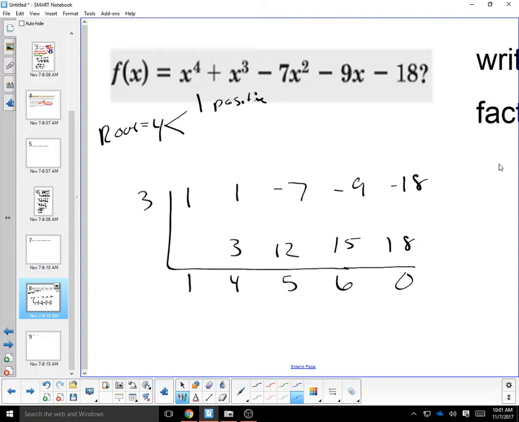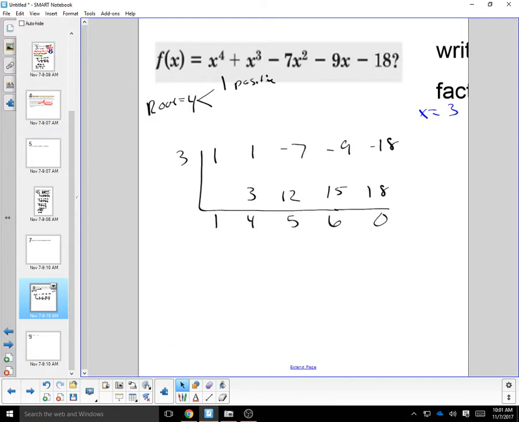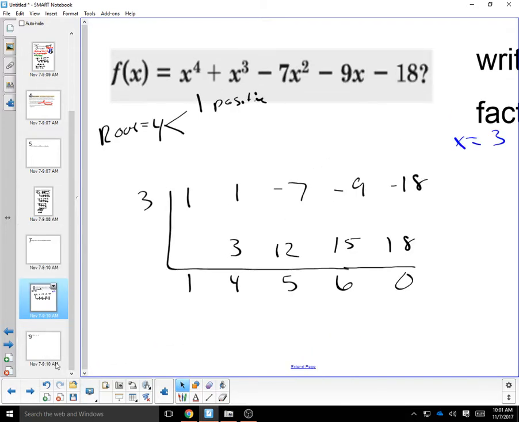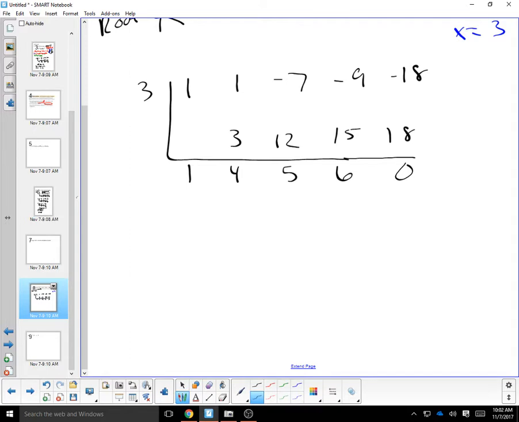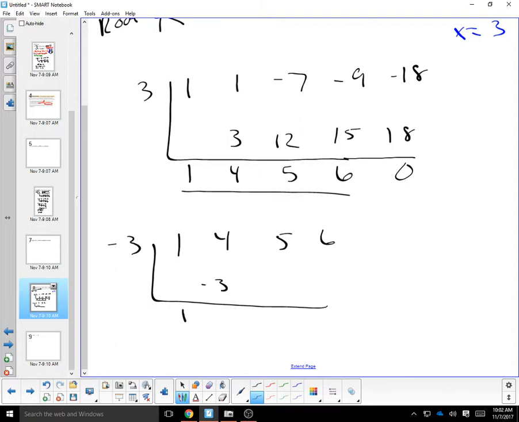So I got 1 root. Let's put them over here. So x is equal to 3. Okay, now I'm going to do this again, but I'm going to use the leftover stuff. Anybody have another root to offer up? -3. So I've got 1, -3, 1, -3, 2, -6, 0.